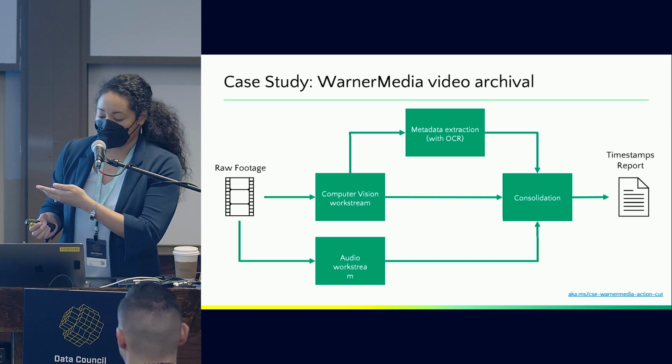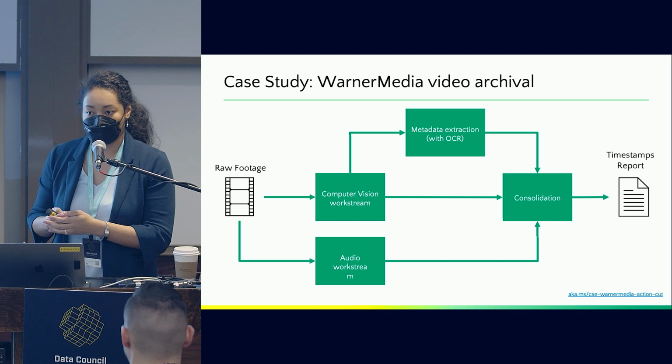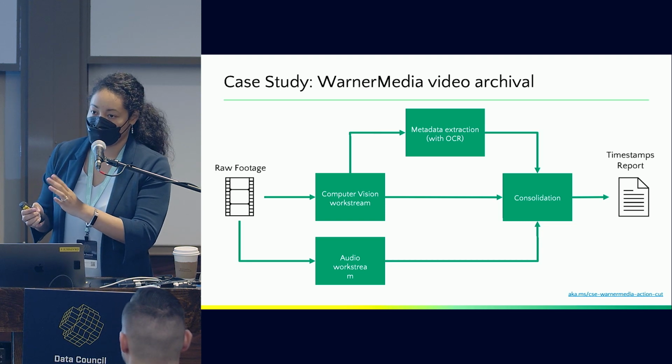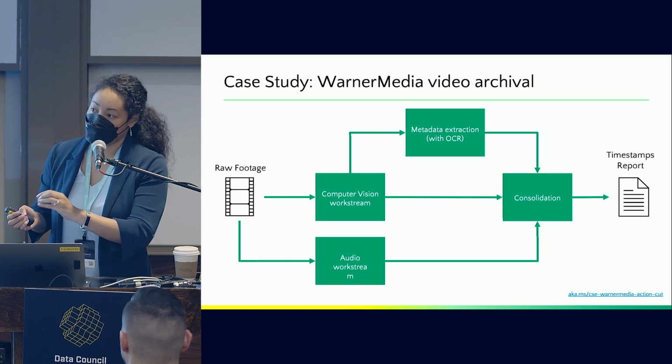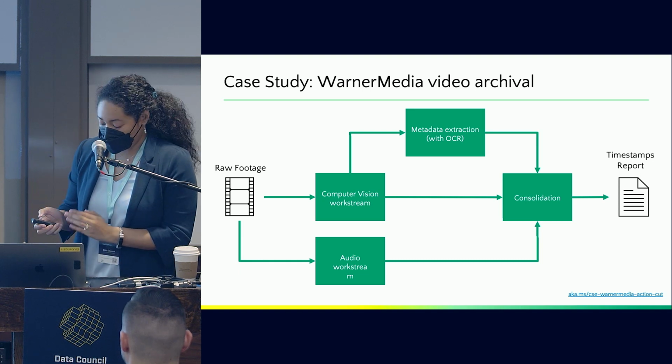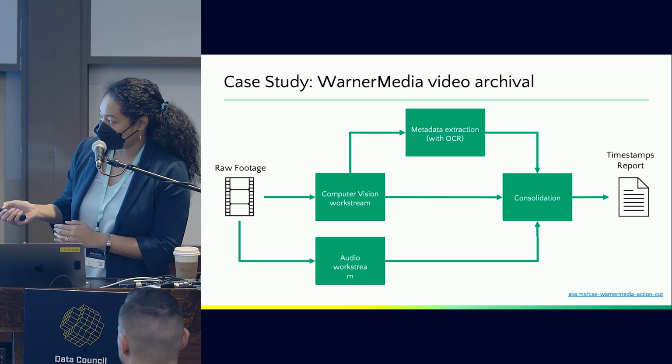So the project was to use machine learning to help create timestamps to help the archivists more effectively scrub through the videos and determine what to archive and what not to.